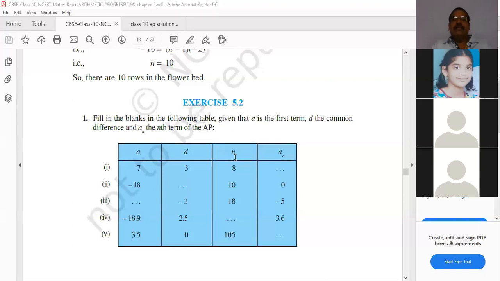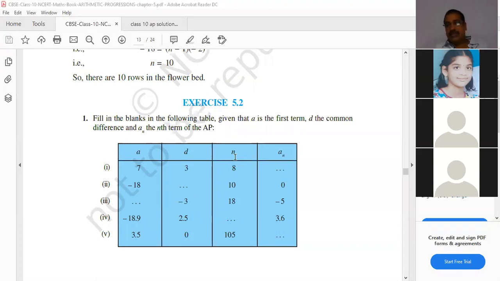You understand my sentence? Is my voice audible to you? The sum of the fourth term and sixth term is 20. How can you write it? Anyone? Irtika, you understand? Tell me. That is given in the question.